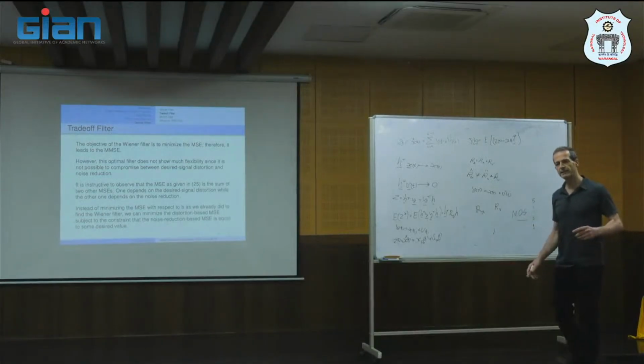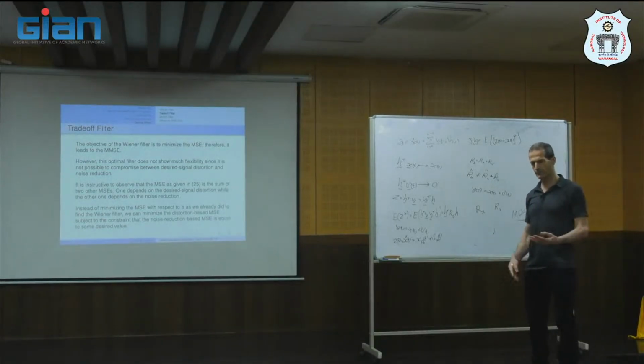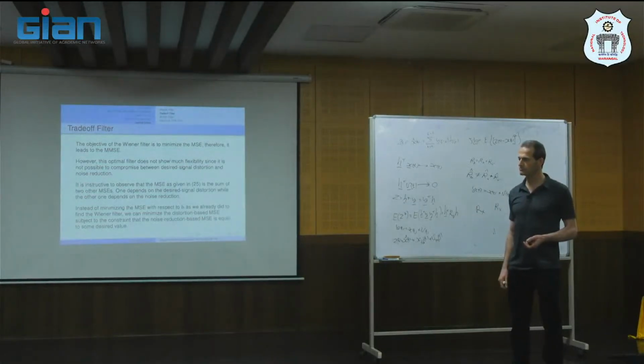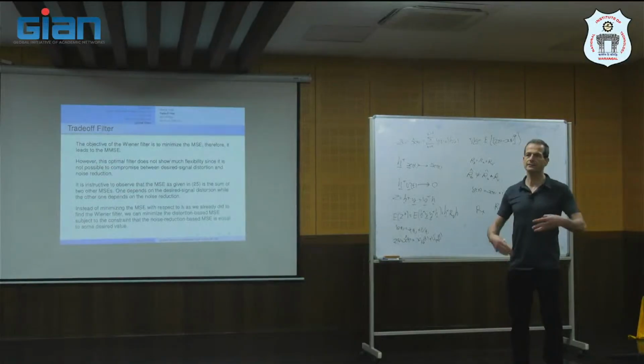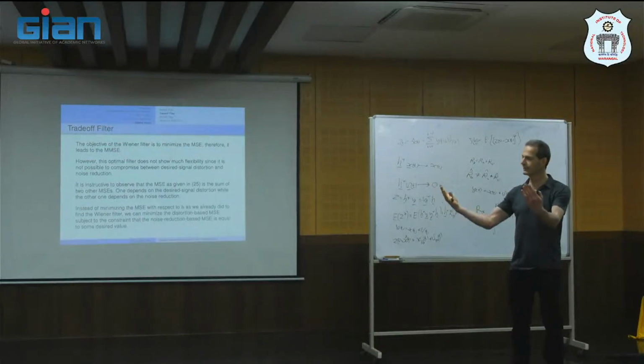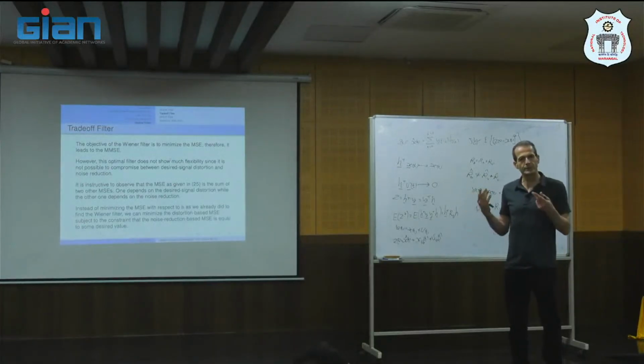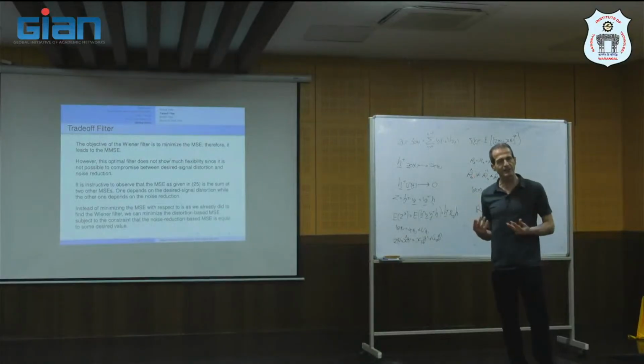For example, if I give somebody a chest X-ray picture and ask, is it this picture or this picture, which one is better? You don't understand which one is better. You need to be a doctor, or familiar with that.